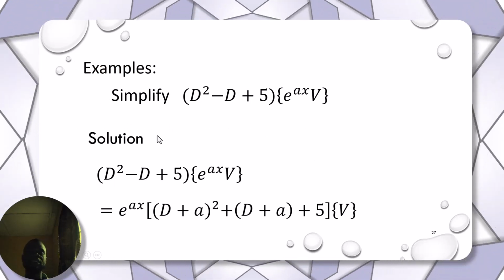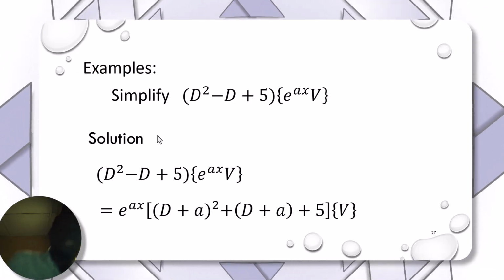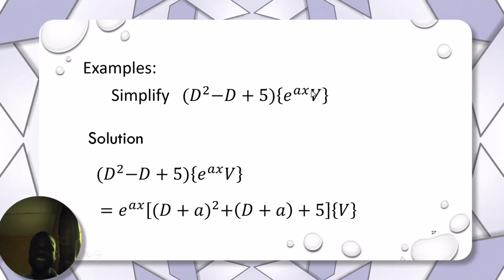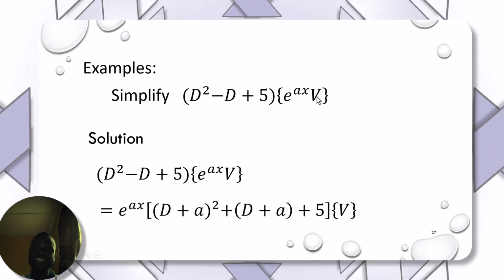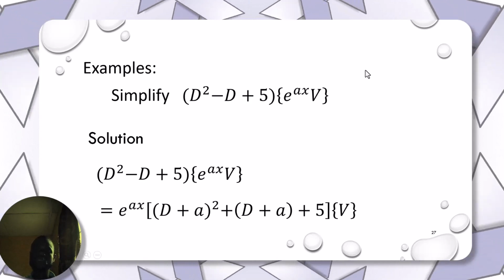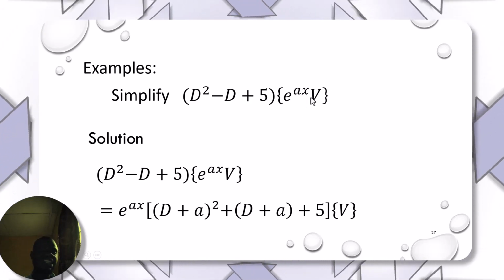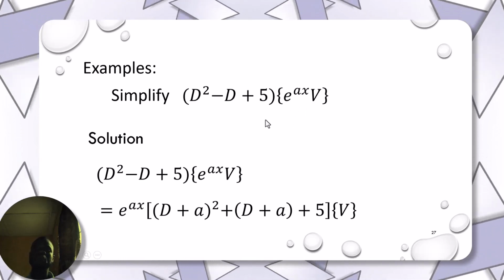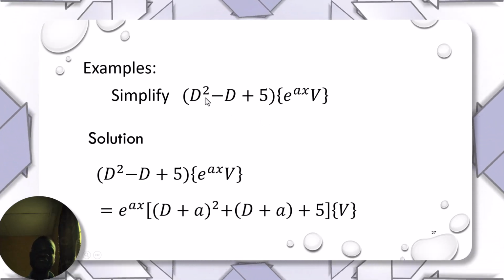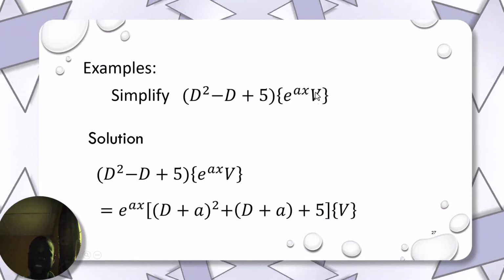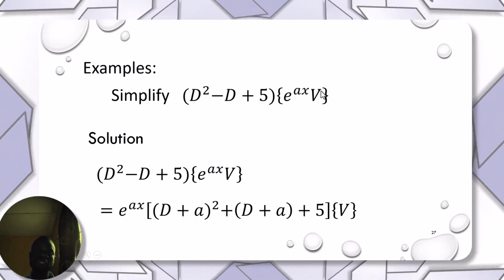Now let's take some examples to make it easy. Here I have e to the power of ax, then a function of x. Don't forget, theorem 1 and theorem 2 apply when you have an exponential function. For exponential functions, you have to note it. Okay, now let's continue. We have D squared minus D plus 5, and don't forget, this v must be a function of x.